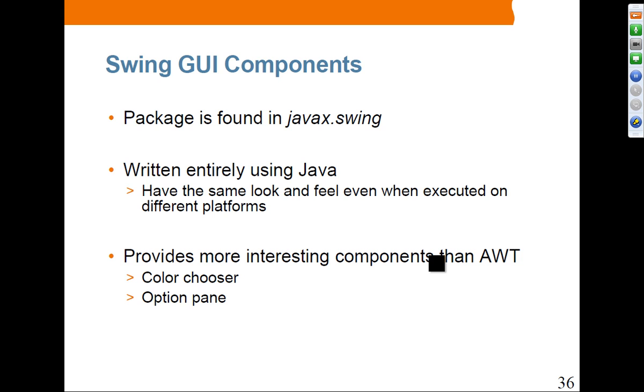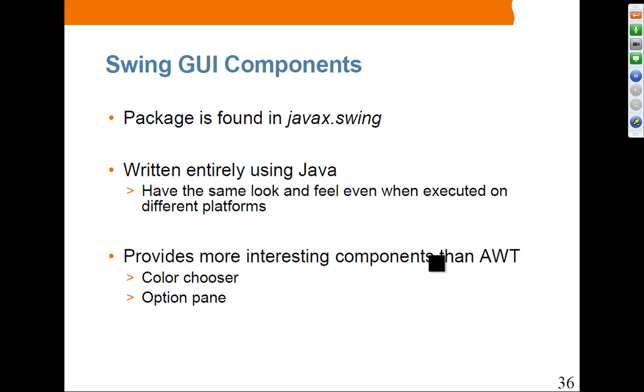You can actually see a few other layout managers. Now let's talk about the Swing GUI components. The Swing GUI components, like buttons, are JButton and JTextField and things like that. They are all under the package javax.swing, and they are entirely written in Java.